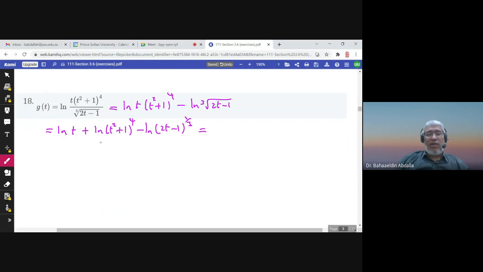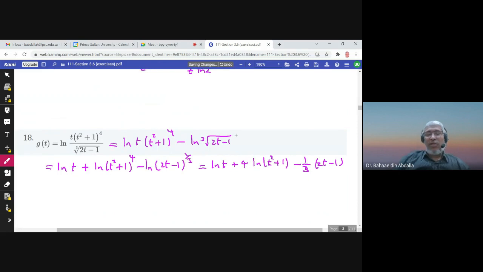And now I can write it ln t. I can take the 4 outside, so 4 ln t squared plus 1. And I also can take the 1 over 3 out, 2t minus 1. So here we used the properties of logarithms.